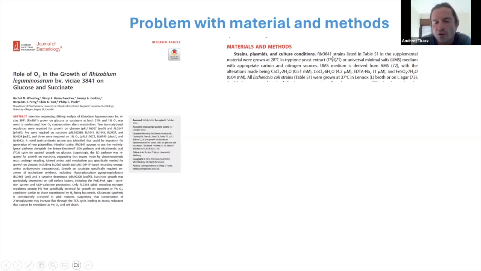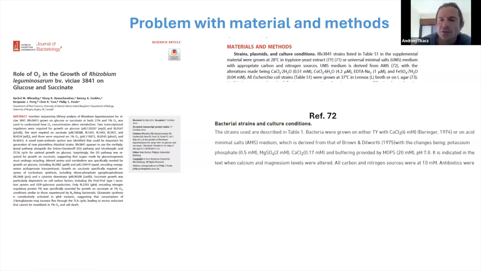I try to understand what growth conditions were used. We can read that strains were grown in TY, which is a rich media, tryptone and yeast, or in universal minimum salts, which is derived from some other media with some modifications. If you look at reference 72, you see that this AMS media is derived from yet another paper from 1975 with other modifications.